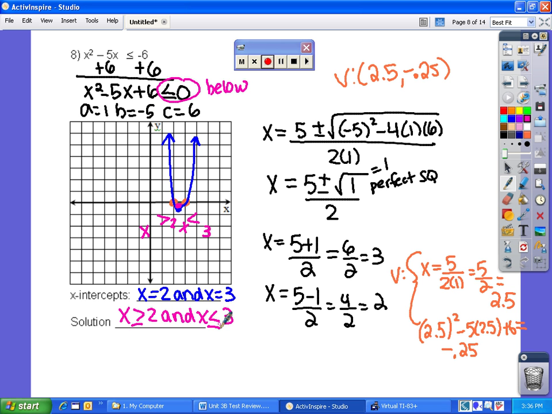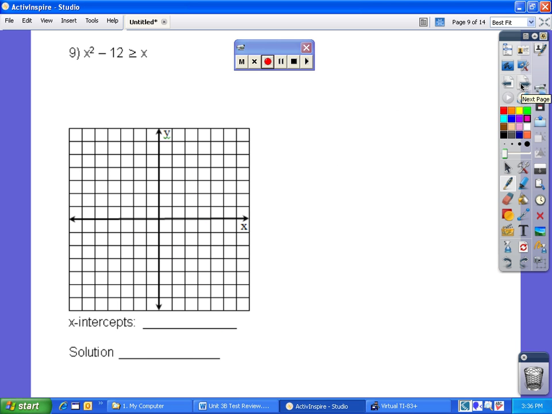Alright, a lot of work to show, but it will help. Alright, last question for this video, and then we're done with this video. You should always set it equal to 0. So that means this is now x squared minus x minus 12 is less than or equal to 0. Now we can work.